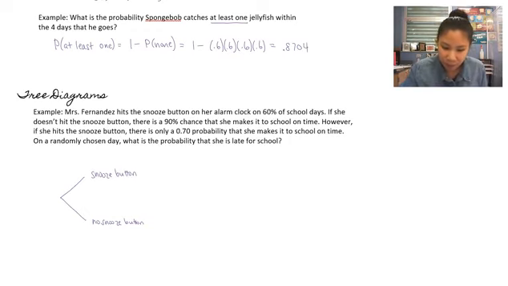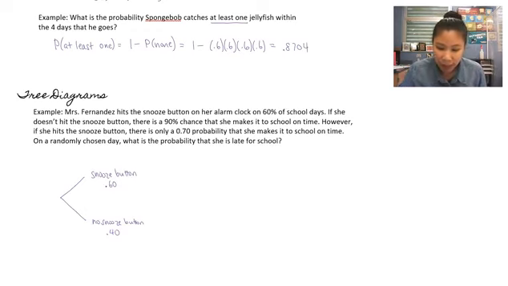So it sounds like the first sentence says, I hit the snooze button on my alarm clock 60% of school days. So 0.60 would be the snooze button, which means there's a 40% chance that I don't hit the snooze button. So within each of the little branches of our tree diagram, it should always add up to 100% because this is our sample space.